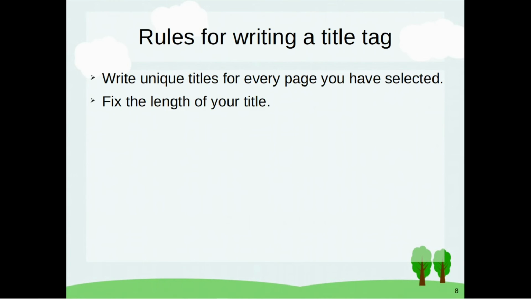And next, you have to fix the length of your title, because you can't change it further. If you change it, it will take the same time as creating a new website again to gain that search engine optimization position.